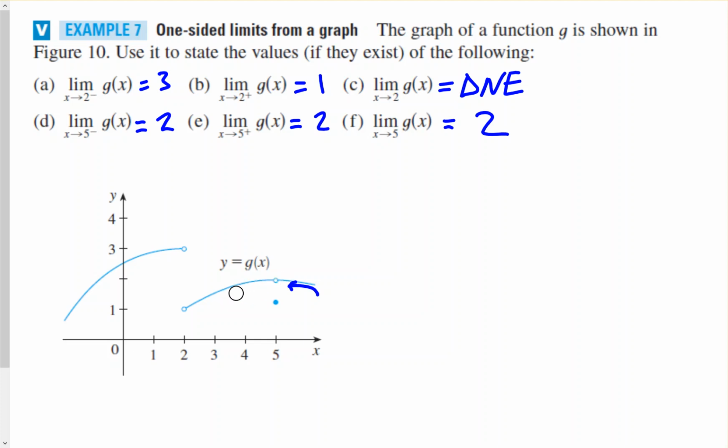Okay, and notice it's approaching 2 even though at x equals 5, the function is defined as, it looks like, a little bit more than 1. But it's defined at this point, not at 2. But it's okay. You're looking at the general trend for the function.